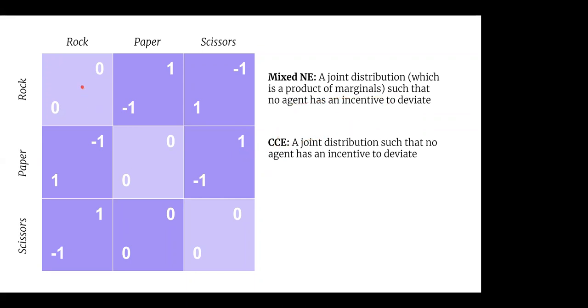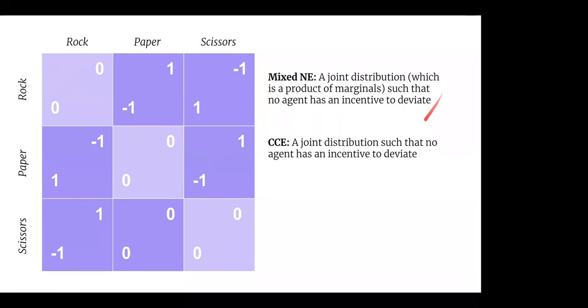And we're just going to say that the solution is just a joint distribution over the entire space of actions. So for example, the joint distribution could be that the agents play rock, rock with probability a third, paper, paper with probability a third, and scissors, scissors with probability a third.